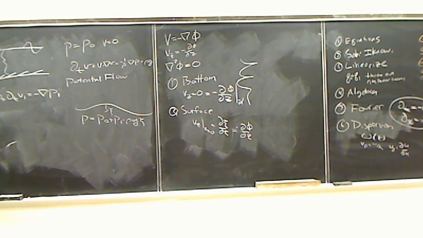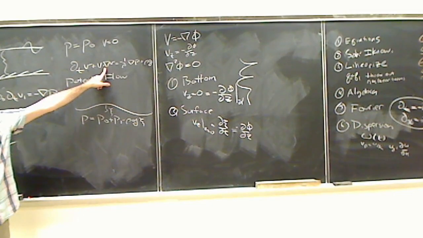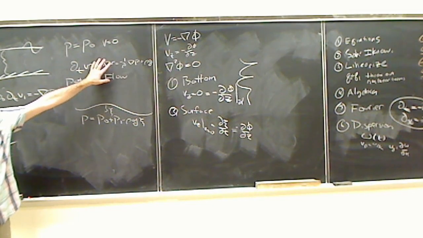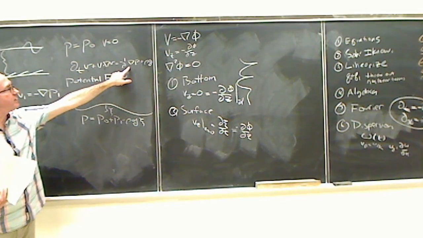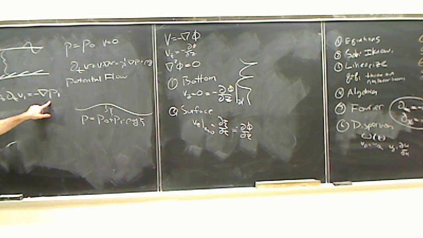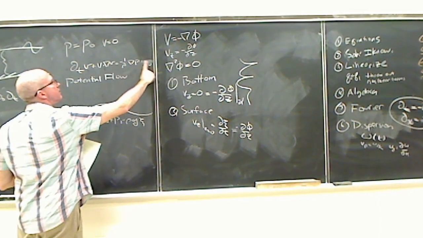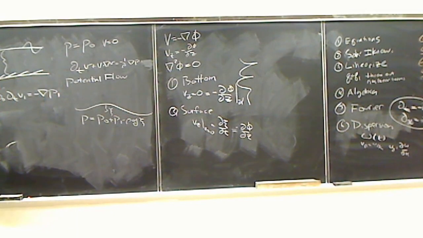I've done the linearization part already, thrown out, so we're assuming, this part gets a v1 because it's all by itself. This part goes away because there's two v's, so it's going to be small because this is linearized. This part is my pressure, which I'm going to write that way. Actually, let's just write it like that because I don't need the g.